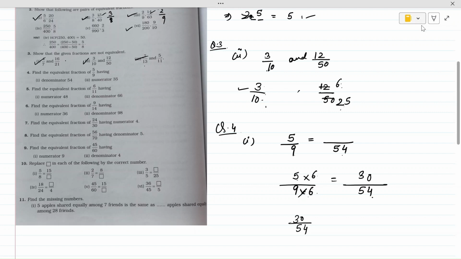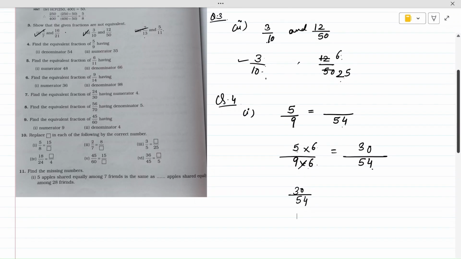Okay, so understand how we have done this. We have to find a fraction which is equivalent to 5 by 9, and the denominator of that equivalent fraction should be 54, right? So this is the question given to us. Here we can see that the numerator is missing.